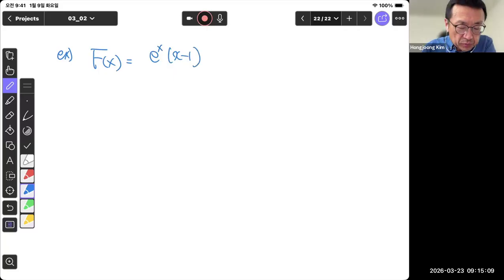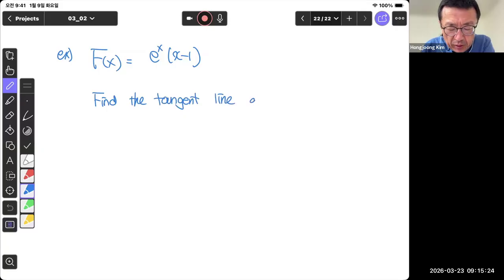Okay. Now, find the tangent line when x is 0 for simplicity.